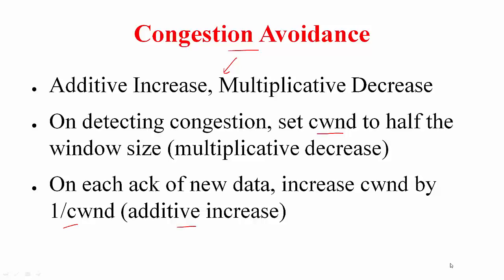Wait, you said increase by 1 every round trip time. What is this? So if things are going fine, how many ACKs will you receive in one round trip time? Basically, however many you sent in the previous round trip time, which will be equal to CWND.